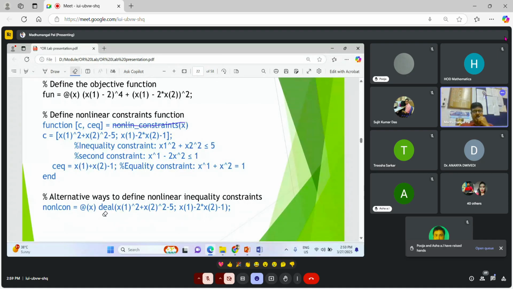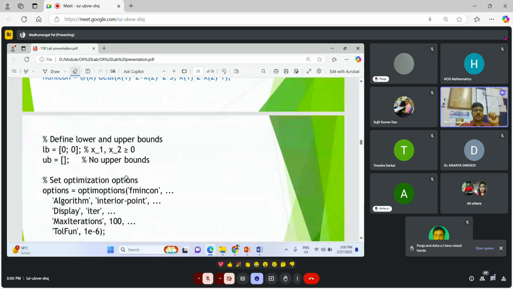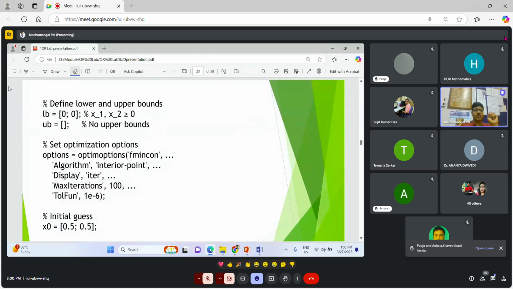So see that another function is there, deal. Deal is the MATLAB built-in function. Using that deal function, we can define the nonlinear constraints. So this is another alternative way. So I think it is the better way to incorporate all the equality constraints or less than equal to constraints as a single portion, a single part.